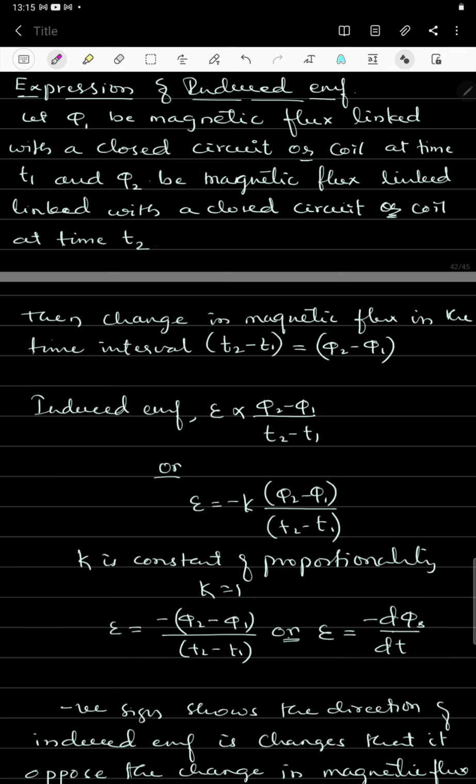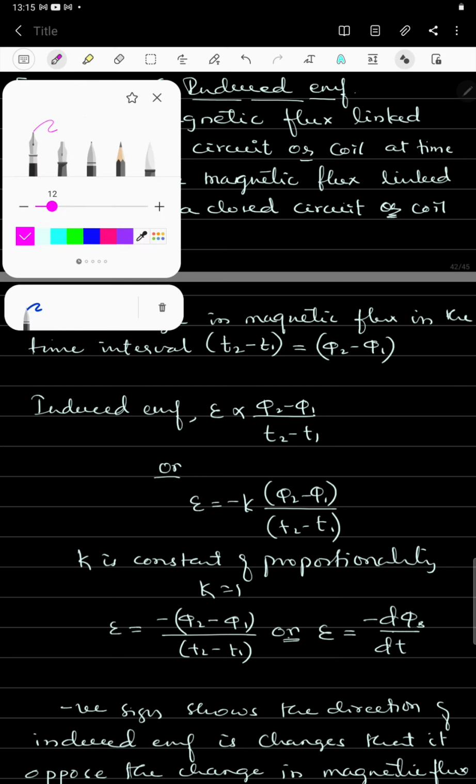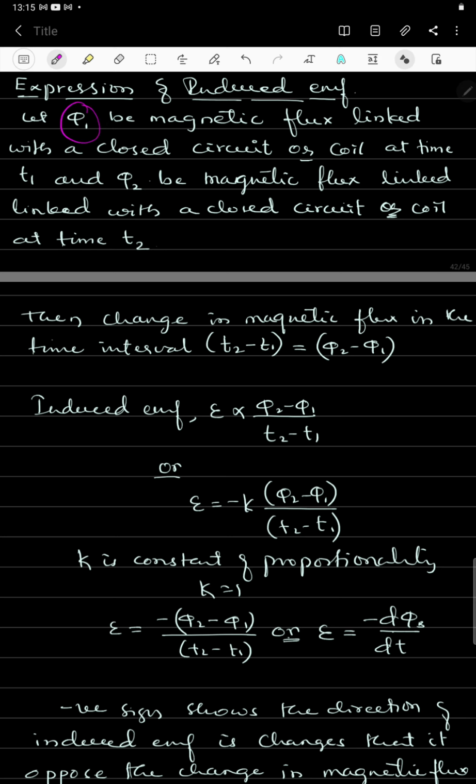Let us take phi 1 to be the magnetic flux linked with the closed circuit or coil at time t1, and another flux linked at time t2. So phi 2 is the magnetic flux linked with the coil or closed circuit at time t2.